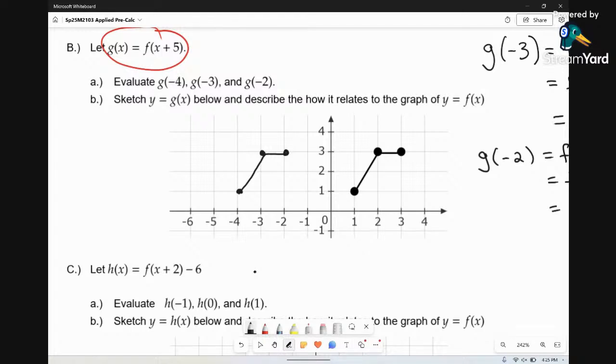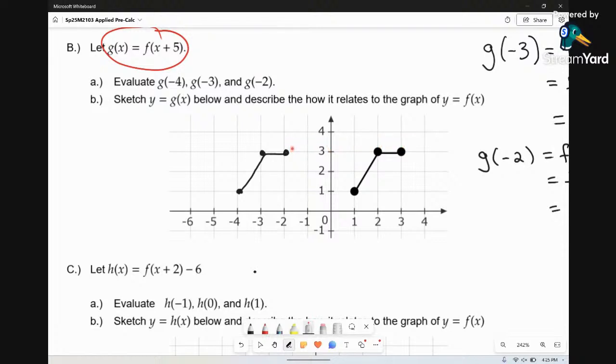So this is a shift 5 units horizontally to the left. And to further emphasize that, if you don't see it, we could literally go from here, 1, 2, 3, 4, 5 units left.